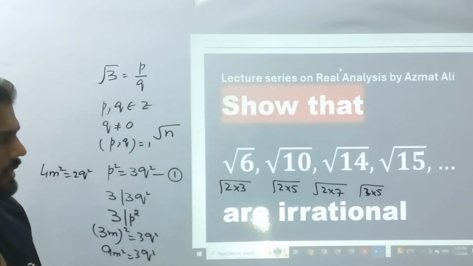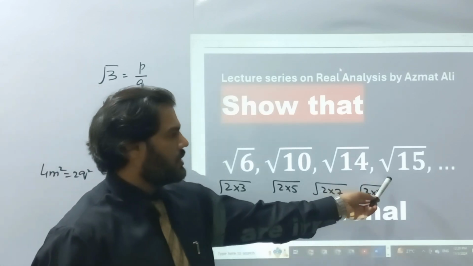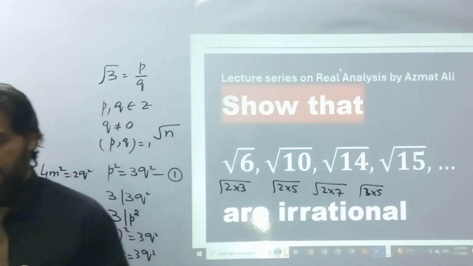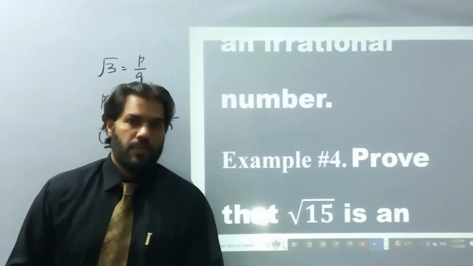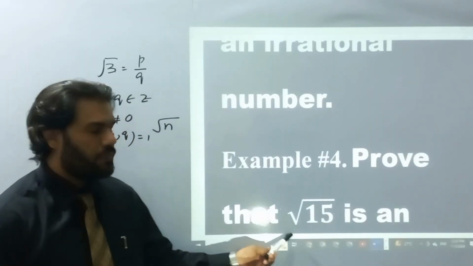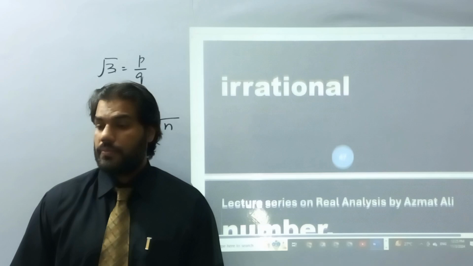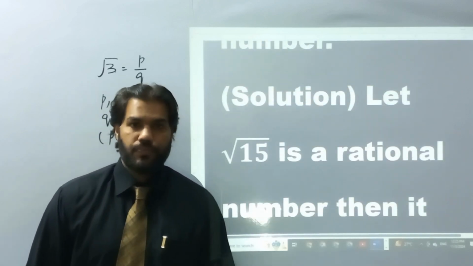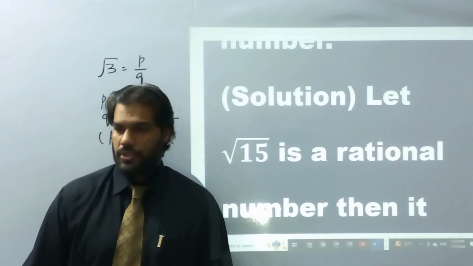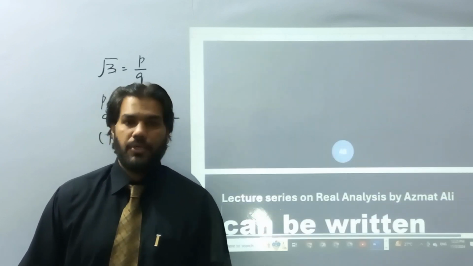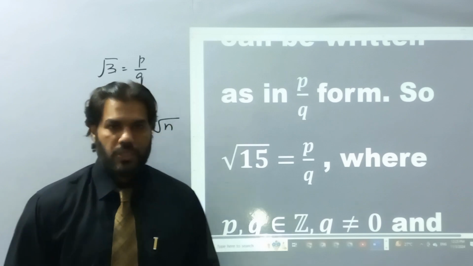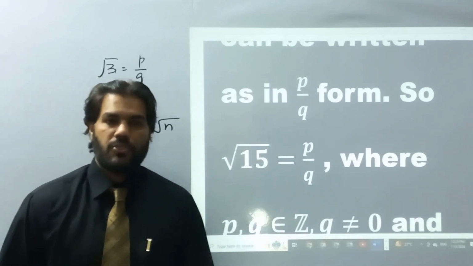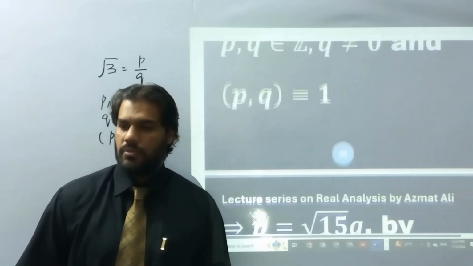Firstly, I will discuss here the irrationality of square root 15. Next, we will show that square root 15 is an irrational number. Suppose on the contrary that square root 15 is a rational number, then it can be written in p over q form, where p and q are integers, q is non-zero, and their GCD is 1.